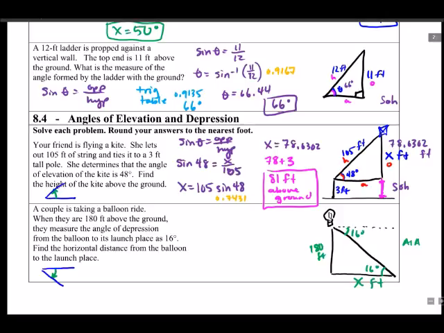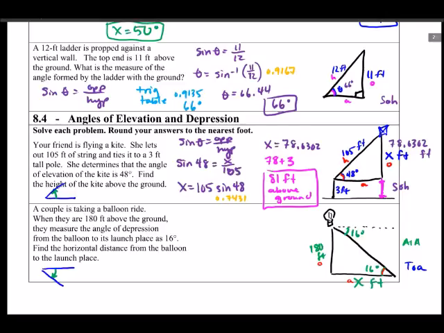Mark our angle, and we get opposite and adjacent. So we would use TOA. And you could write it just as it is, and that would be fine.